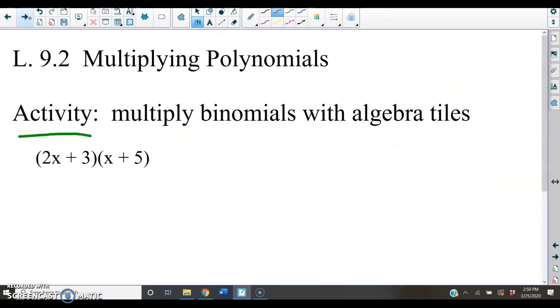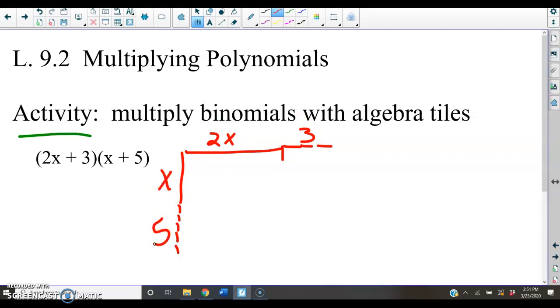Okay, so when we multiply polynomials, some people really like the visual. Okay, if we have 2x plus 3, and this way we have x and 5, take a look at what that would make with the tiles. Here we'd have x squared and x squared for 2x squared.